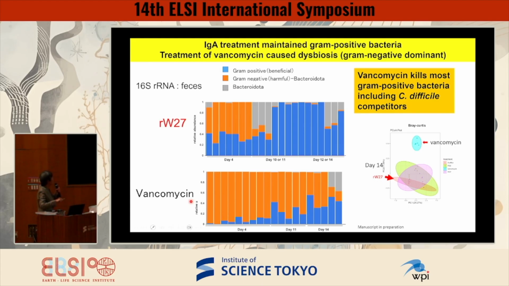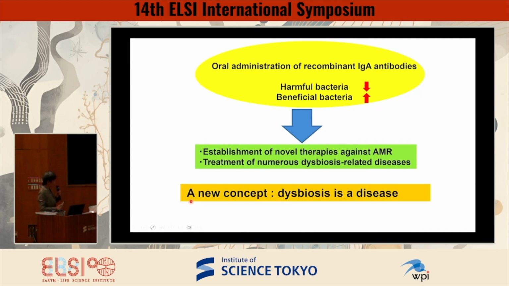But the vancomycin group is not recovered, because vancomycin kills most gram-positive bacteria, including C. difficile competitors. So we think not only the host health, but the closest environment, the gut microbiota condition, matters to treat many diseases.